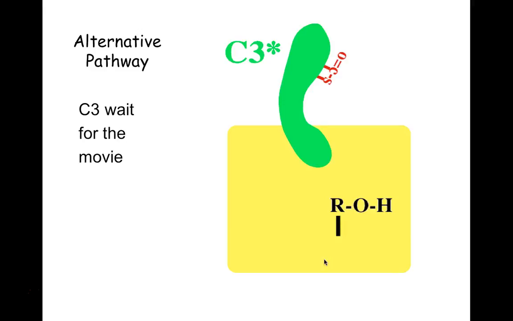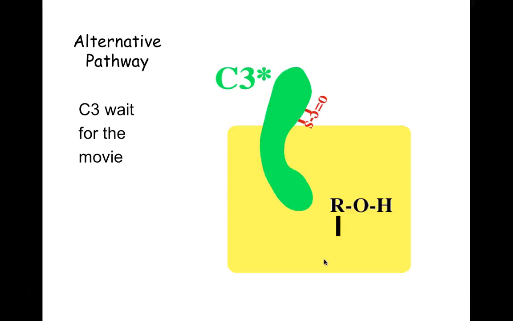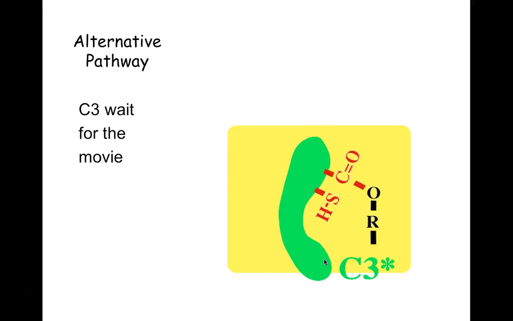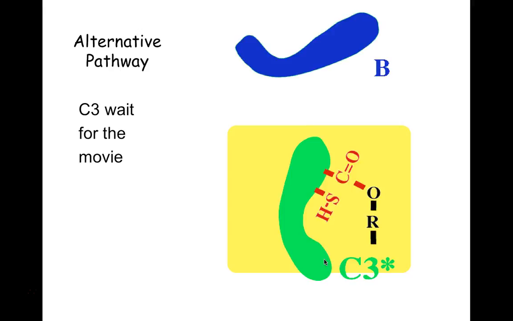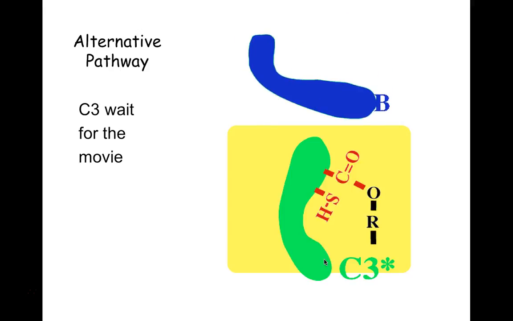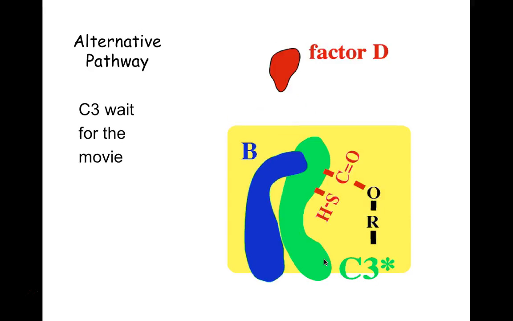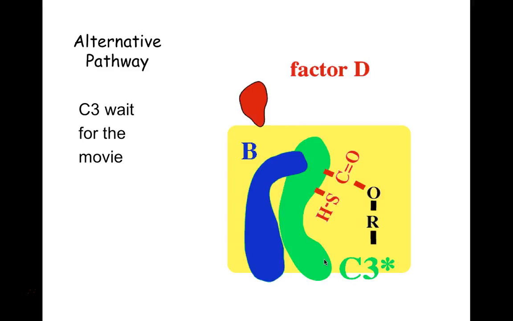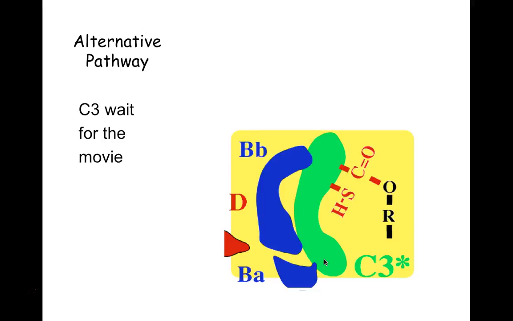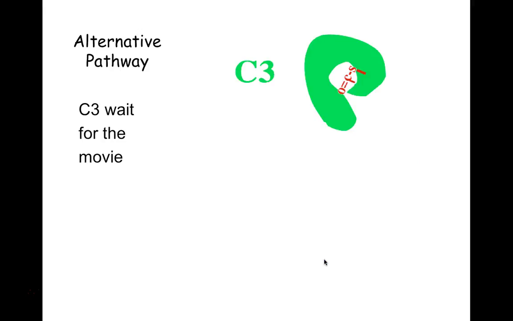So here again we have the illustration of C3, and now with an interaction with factor B, we can start to generate the C3 convertase of the alternative pathway. Factor D is going to function like a pair of molecular scissors. The function of factor D is to, again, cut factor B into a large and a small fragment.